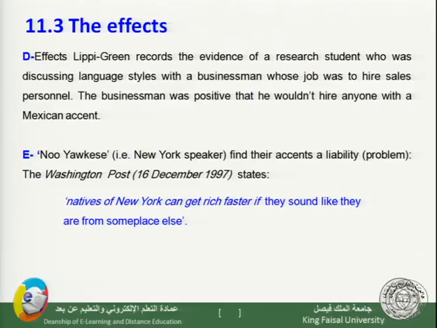How? If they sound like they are from someplace else. They become rich very quickly.